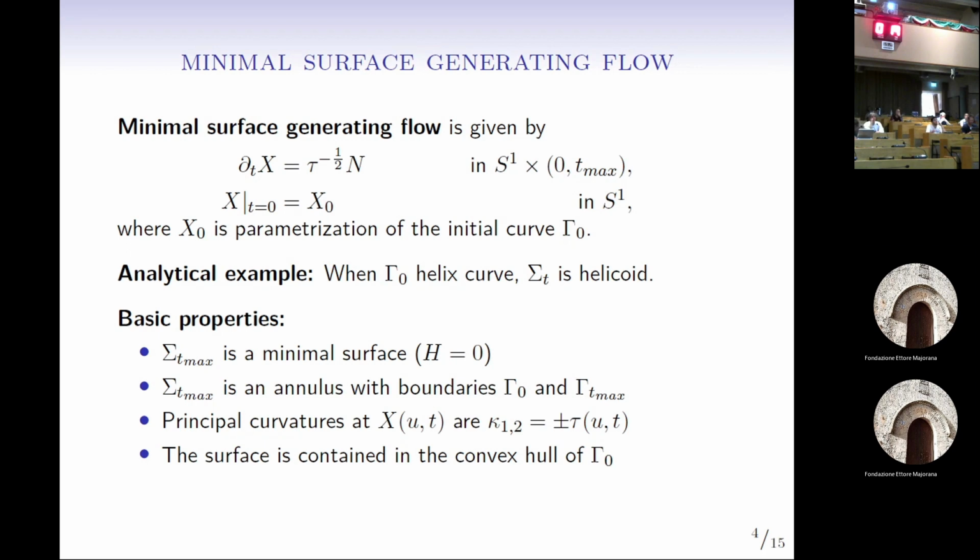Maybe I can skip some of the properties. It's interesting to say that the full surface will be contained in the convex hull of the initial curve because of the normal direction. This is just a sort of maximum principle.